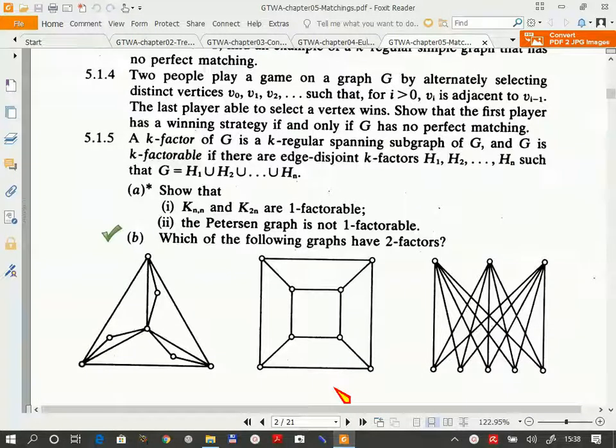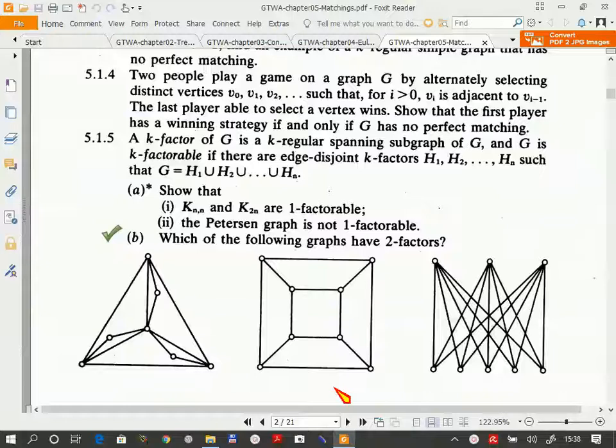So something like this, for instance. Or here and there, there are quite a lot of 2-factors. So that is, then you have 2-factors.